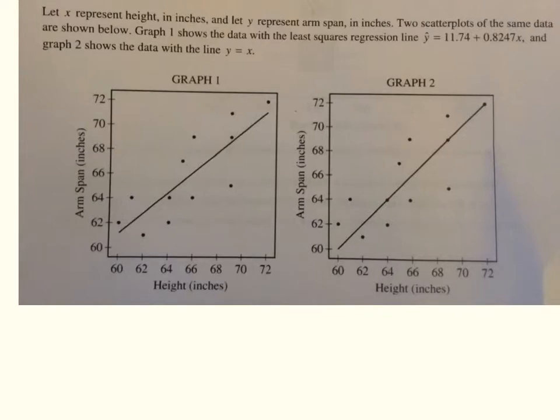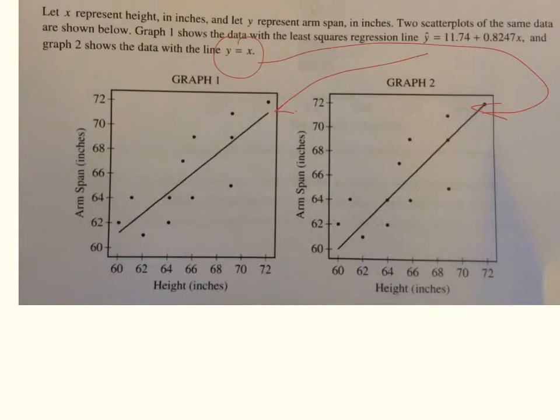So these are the exact same scatter plots, but graph 1 has the least squares regression line drawn on it, and graph 2 graphs the line y equals x. All right, so keep that in mind.